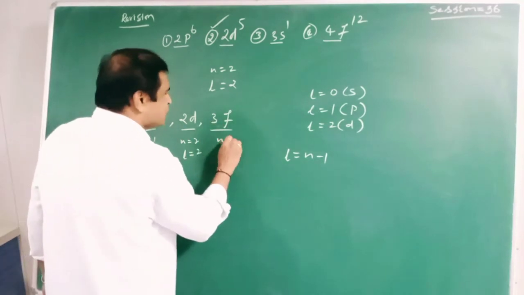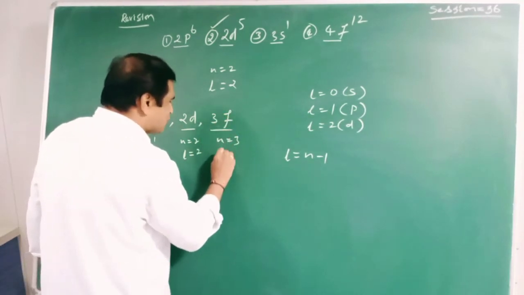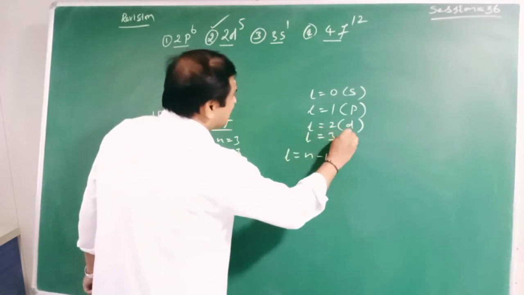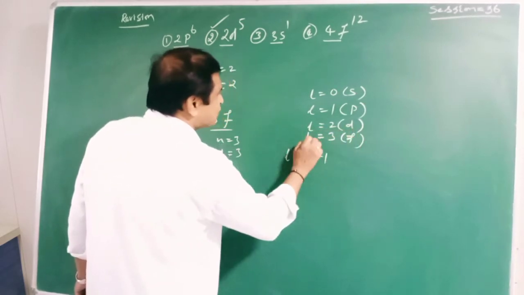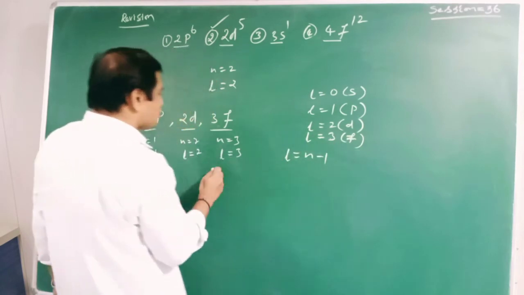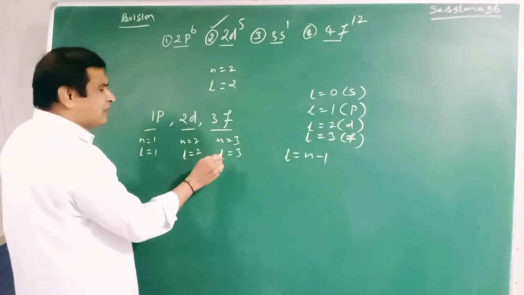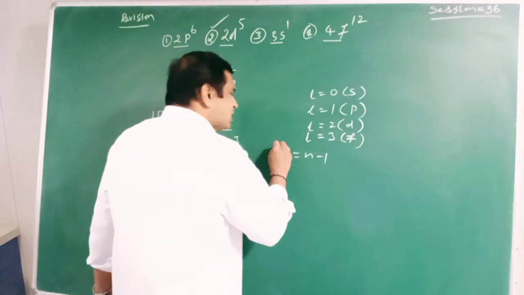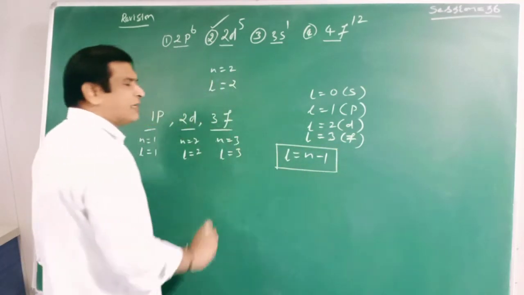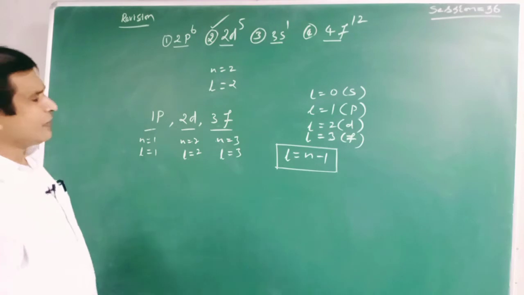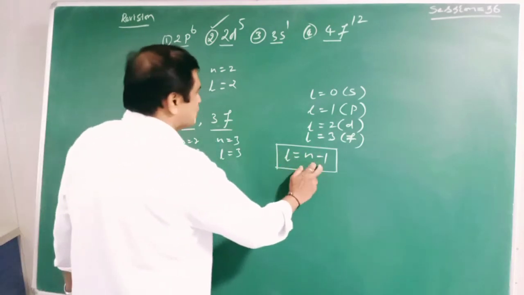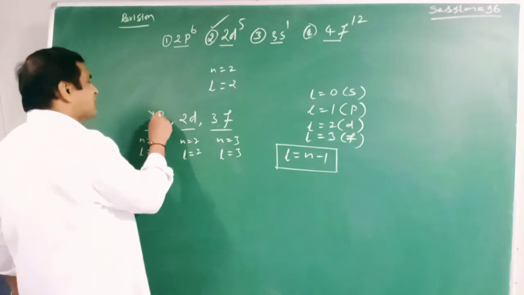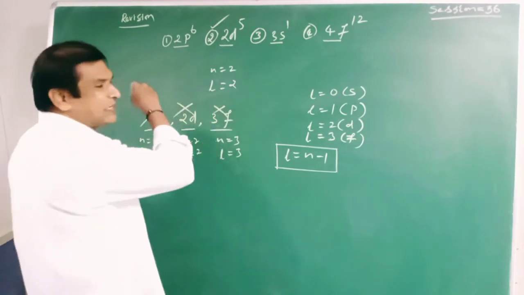Here n is 3, l is 3, because l equals 3 represents the f orbital. So the n value equals the l value in these three. But the l value must always be at most n minus 1. It cannot be equal to n. Therefore all these three subshells do not exist at all.